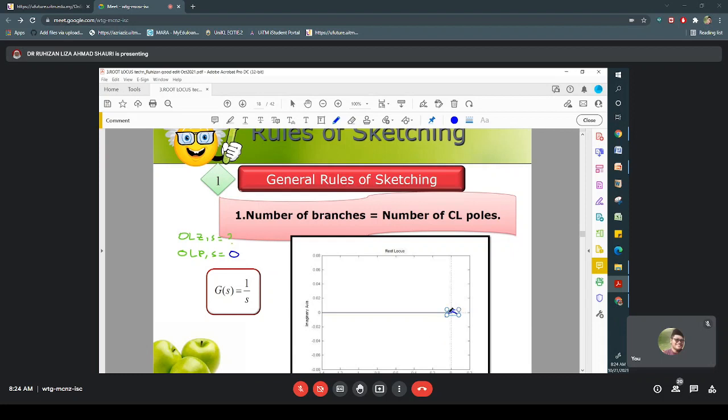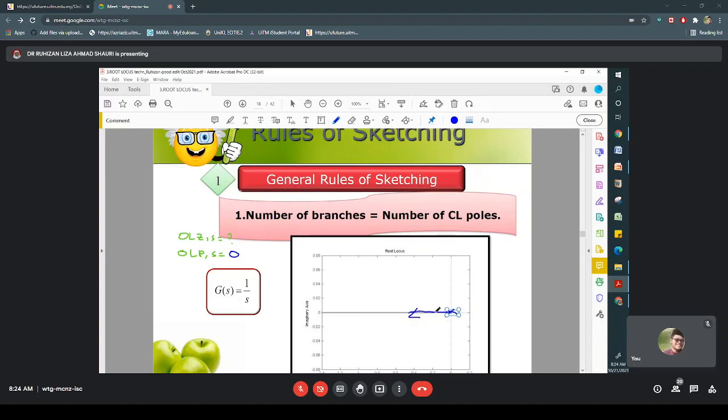This is the pole, with no zero to go to. So where does it go? It will find the infinite zero, and then it will go this way.